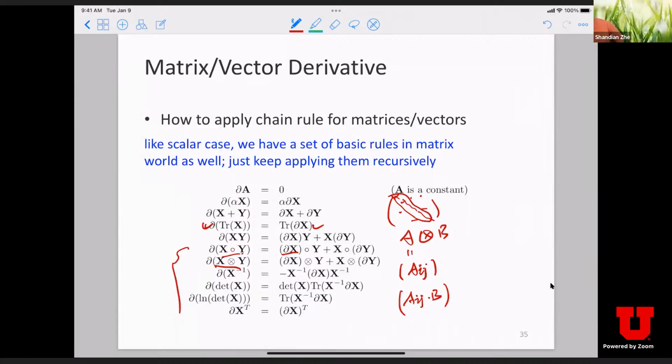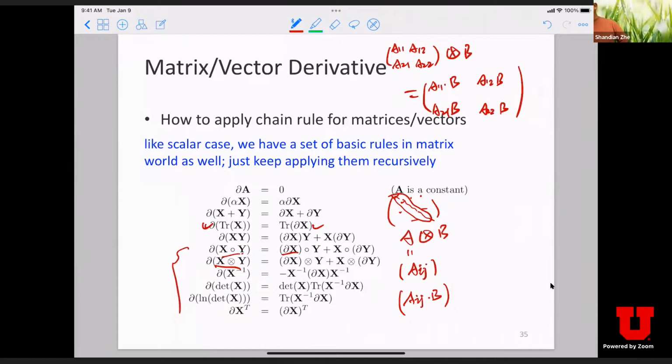For example, if you have just a 2x2 matrix for A, and you want to Kronecker it with B, it is just A11 times B, A12 times B, A21 times B, and A22 times B.